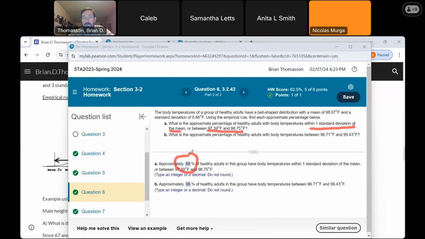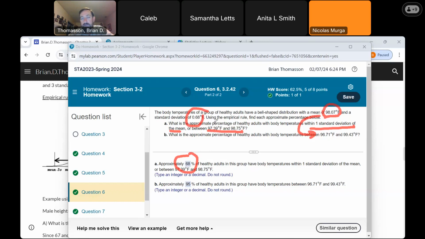And then B, it says, what is the approximate percentage of healthy adults with body temperatures between 96.71 and 99.43? So we just have to figure out how we get from the mean using the standard deviation. How do we get from 98.07 to 96.71? I don't know how to do this in my head, but basically you're taking the 98.07, subtracting the 0.68.